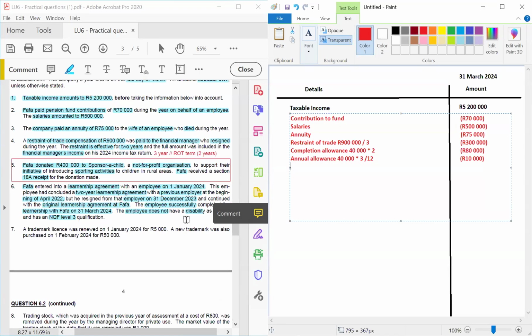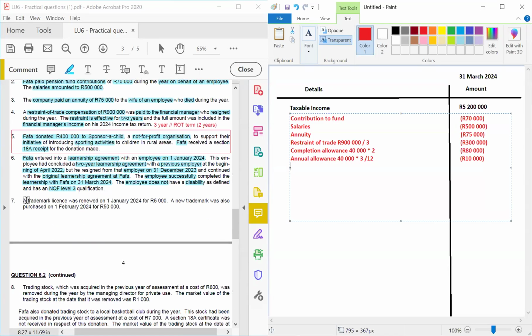Great. Now, moving on to number 7. A trademark license was renewed on the 1st of January 2024 for 5,000. A new trademark was also purchased on the 1st of February 2024 for 50,000.